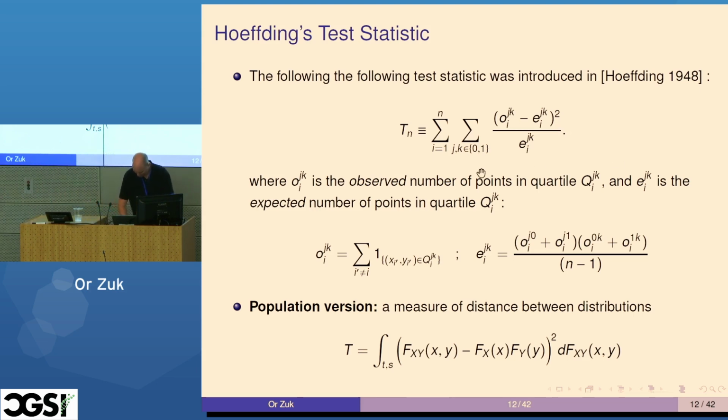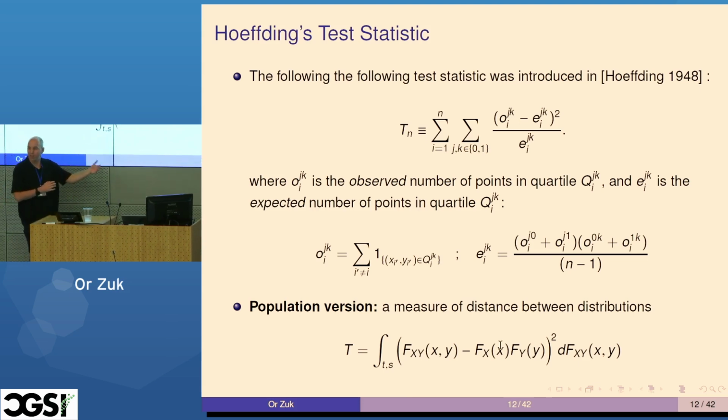But it converges to this population version, right? So that's also very common in statistics. You have some property of a distribution, and you approximate it based on the sample distribution. So for example, if our property is the expectation of f, then we want to approximate it by the mean, right?